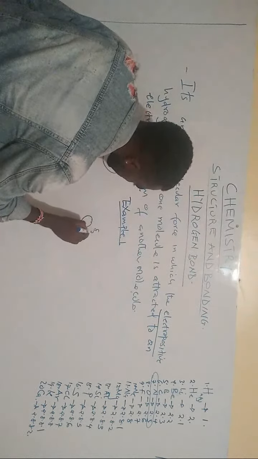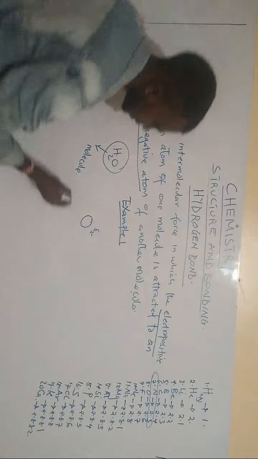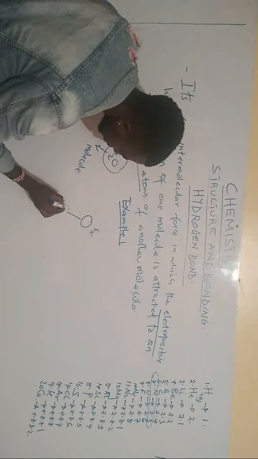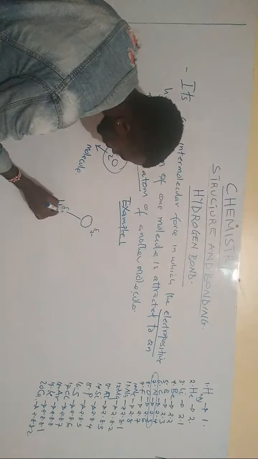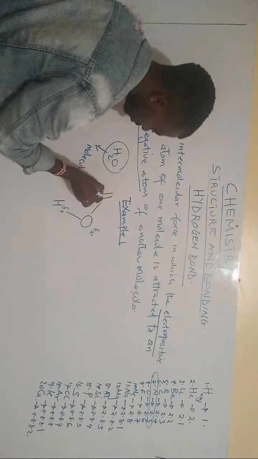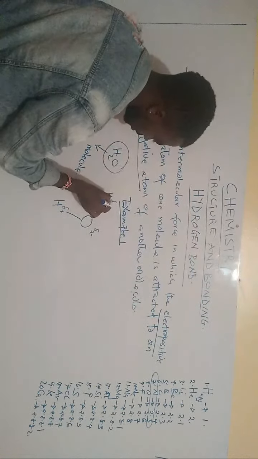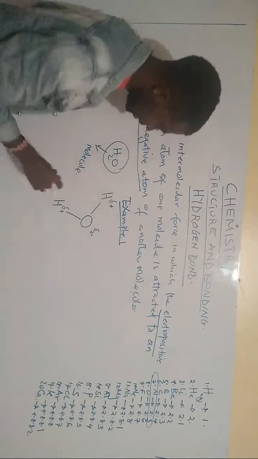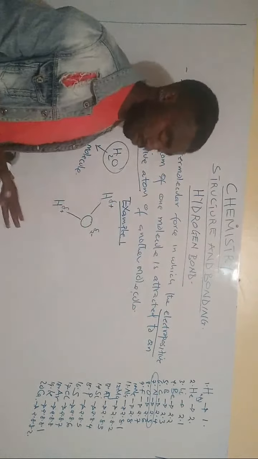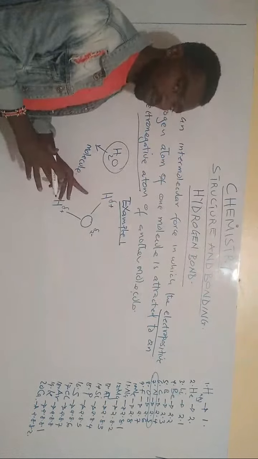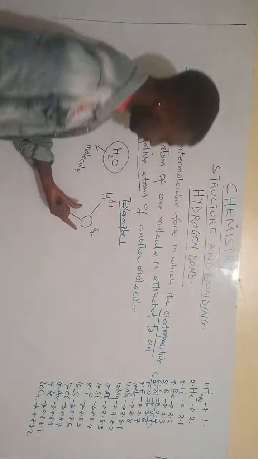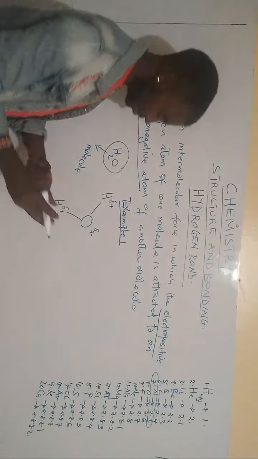We plot it that way. Electronegative, and it's attached to hydrogen, which is electropositive, and another hydrogen, which is electropositive. This molecule is this one. We are showing the electropositive and electronegative atoms in this molecule. So this molecule may be attached to another molecule of water this way.